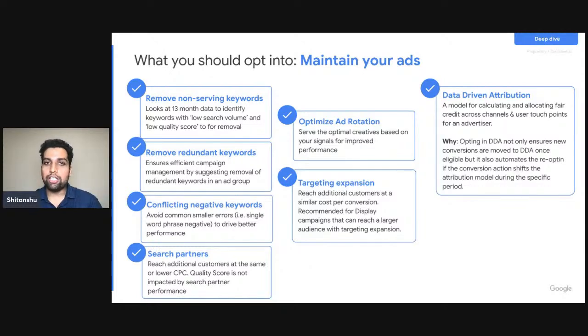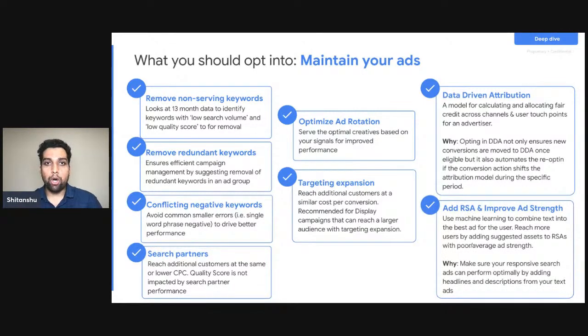If you still have any conversion action attributed on a non-DDA model, which is either first click or last click or any other non-data-driven attribution model, the attribution will be set to DDA and the proper attribution will be provided to all the touch points and all the channels that the user follows in their journey to get converted.